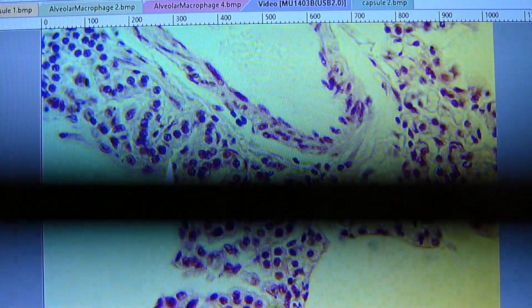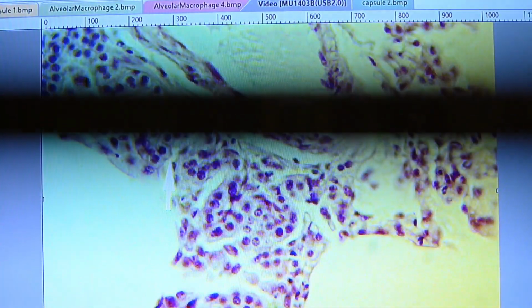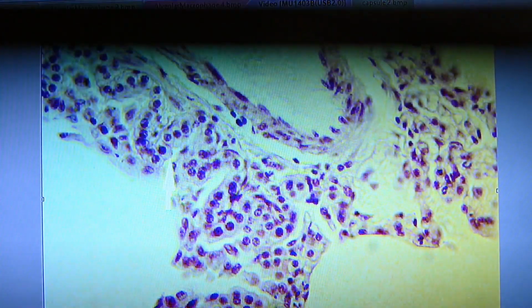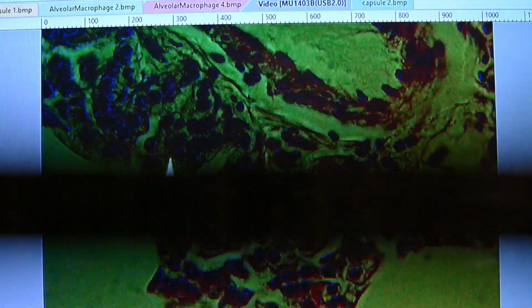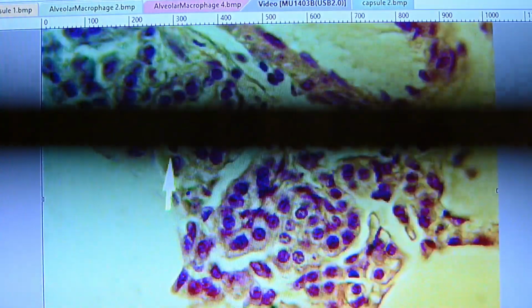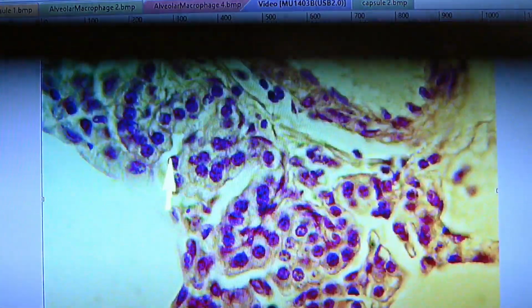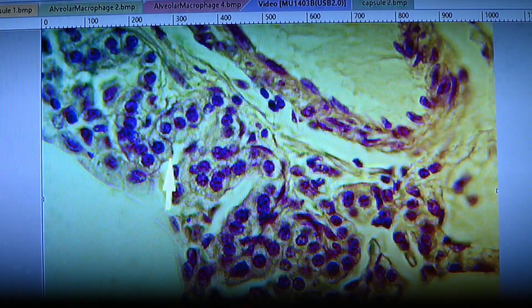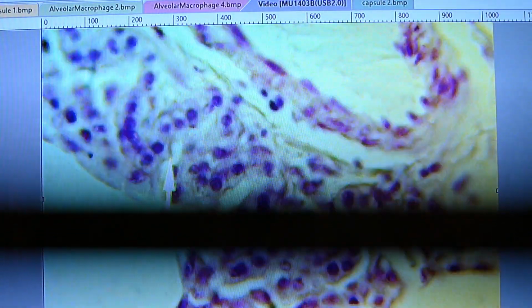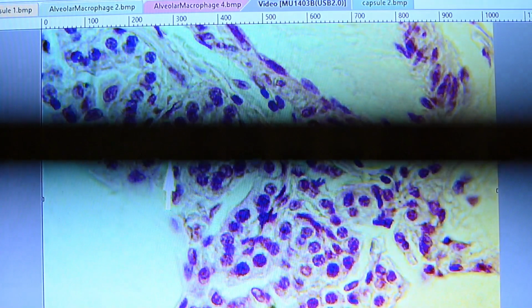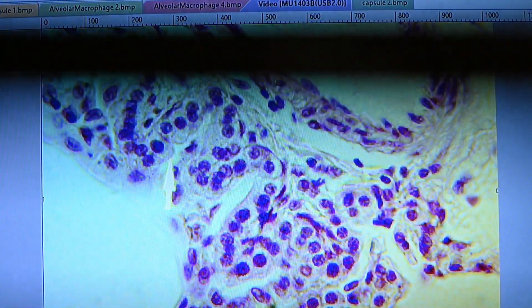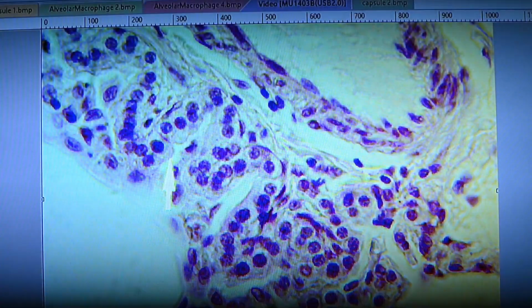More good examples of Clara cells right here above the pointer, with those rounded tops. I'm going to magnify that. Here again, we have a nice example of Clara cells right at the pointer in the wall of a bronchiole.